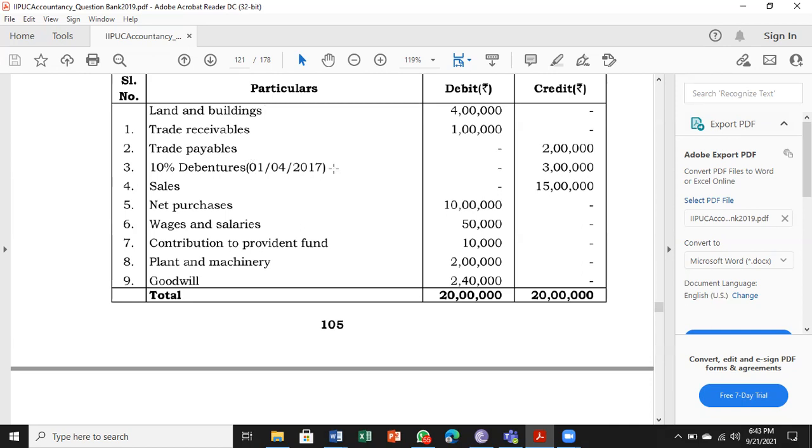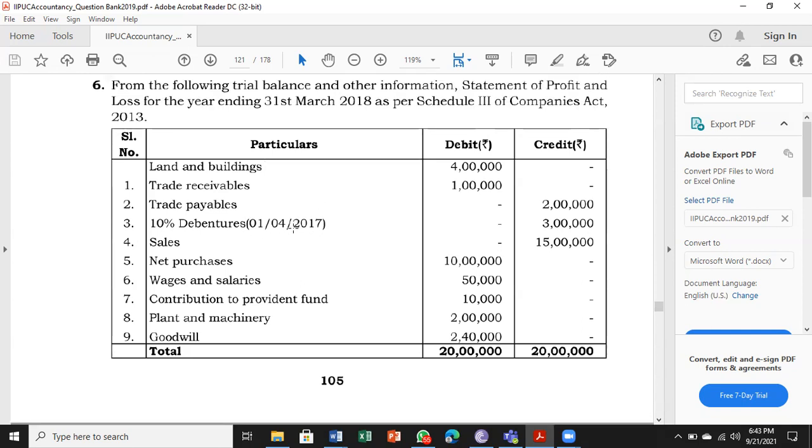So you can see here the date 1/4/2017. The loan has been borrowed. This date indicates the day on which the company has received the debentures amount from the public. So from this day, interest has to be paid up to 31st March 2018.